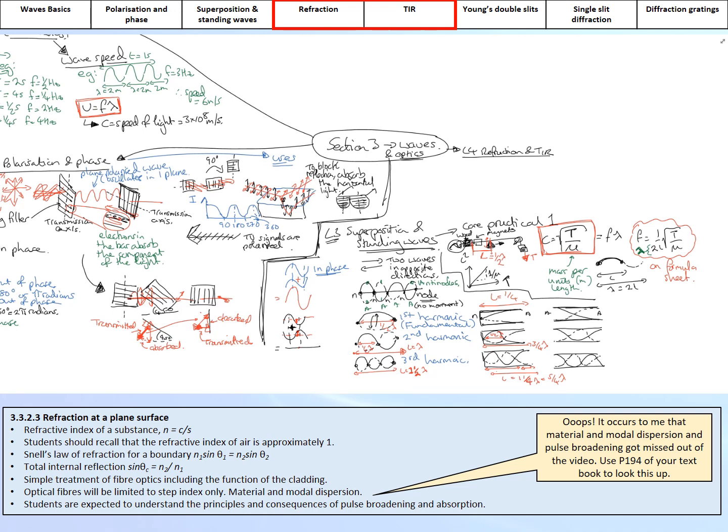So if light goes from air into water, let's just draw a line here to try and split everything up. If light goes from air to water, it will change direction. And we draw a line at 90 degrees to the surface, which we call the normal line.